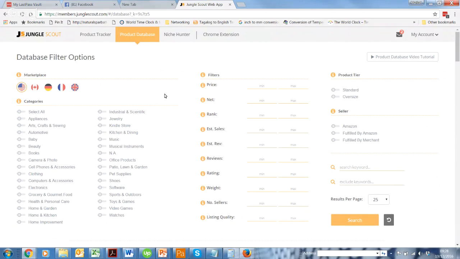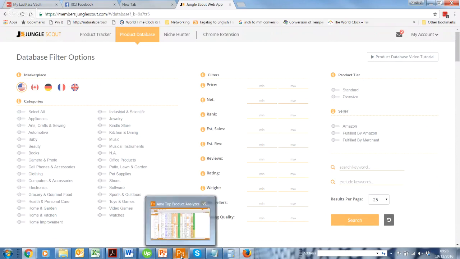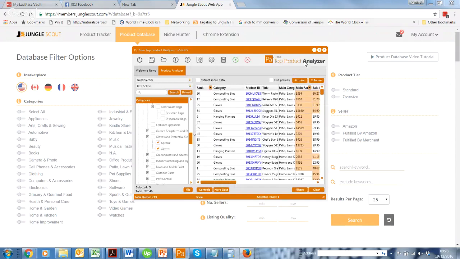Last week we were looking at Ace and Inspector. This week I'm going to be jumping back into Jungle Scout web app. I do have a new product. Well, it's not a new product. It's an updated product. And Rob and I are going to be doing a sort of complete walkthrough of this because it is brand new to the market again.